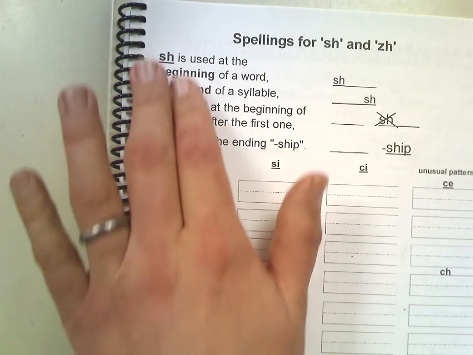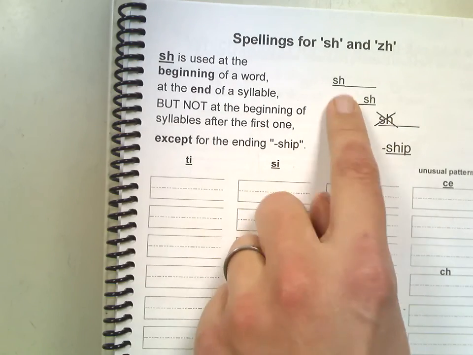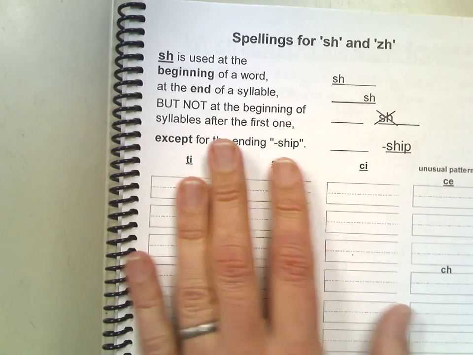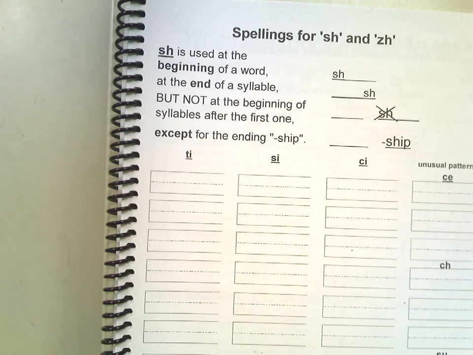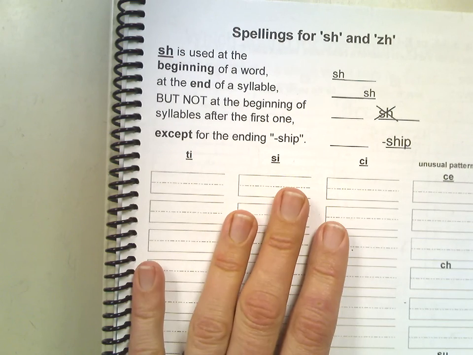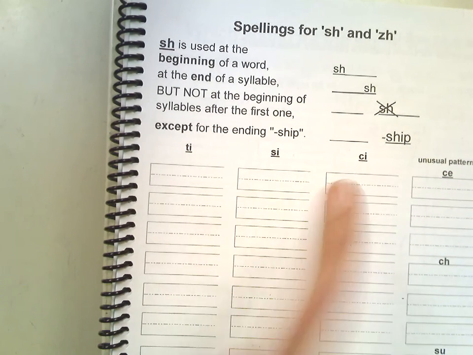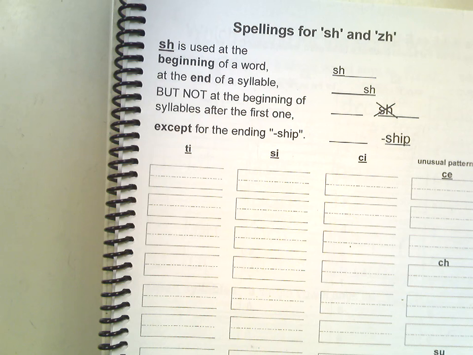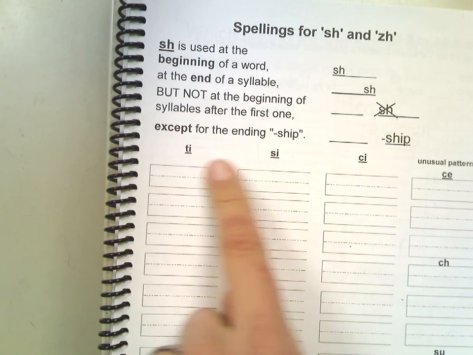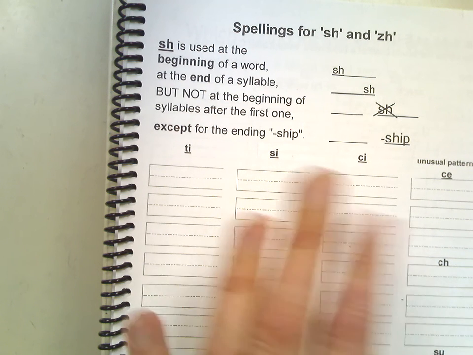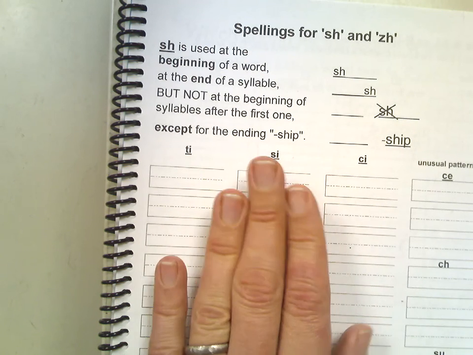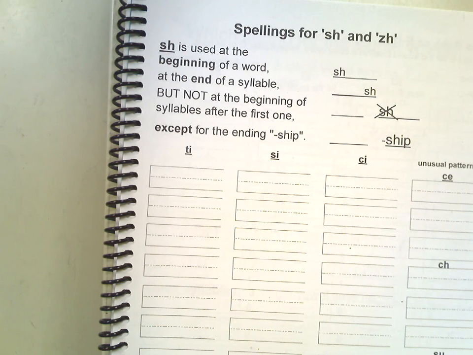If we know that rule, we know when to use this sh. So we're going to organize when we use our other sh's. Any of these we use at the beginning of the syllable after the first one. There's no rule for these except that they're at the beginning of syllables after the first one. So we're going to use this page to keep straight which word uses which sh.